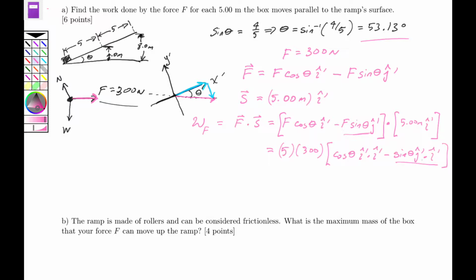This term is 0 because j dot i is 0. J and i are orthogonal. And here, this just becomes 1. So what is that? 1500 cosine 53.13 degrees. Cosine of that times 1500 is 900 newton meters, or 900 joules.